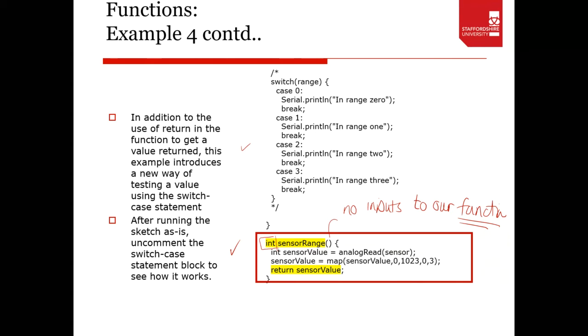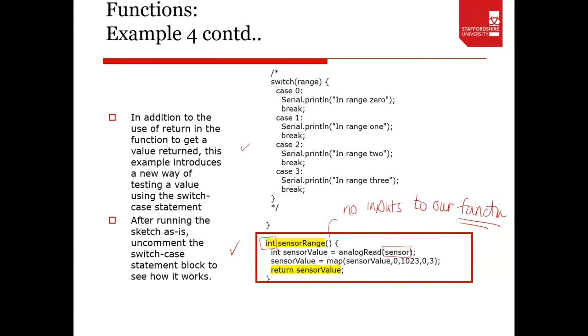So if it was modified in the main program, we could still see it here. So it's not had to be passed. So there's different ways of doing things. So now we are saying int sensor value, and we're reading sensor.